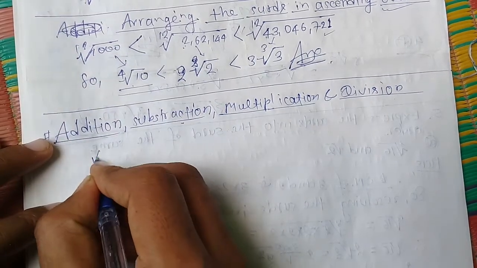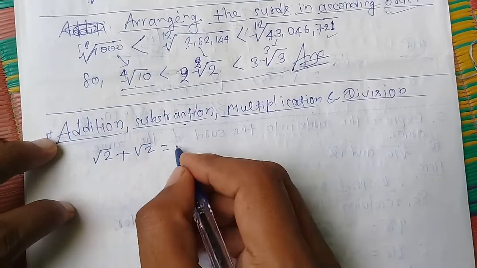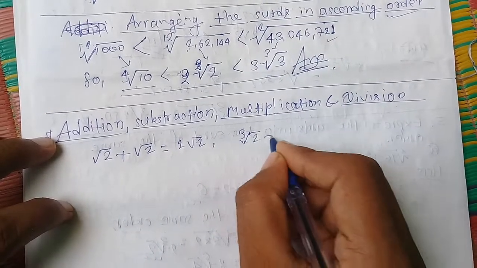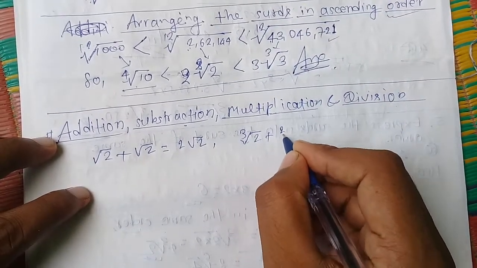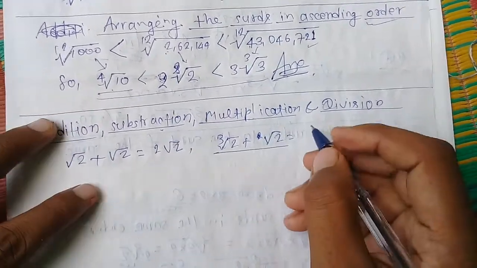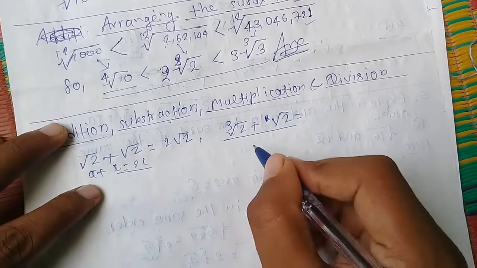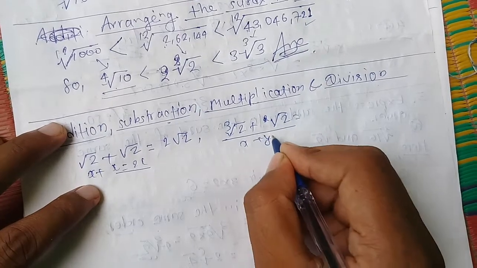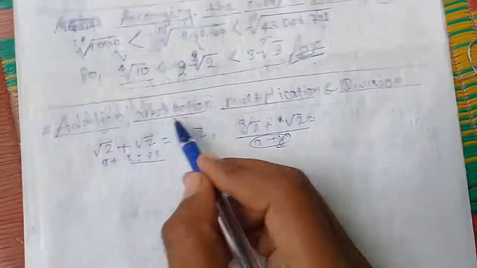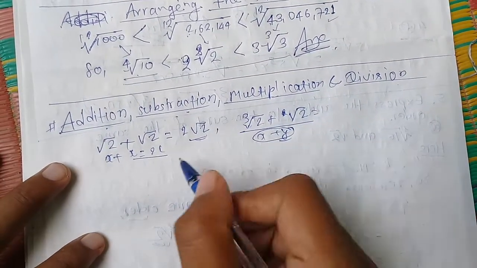It means root 2 plus root 2 will give you 2 root 2, but the third root of 2 and the square root of 2 can never be added. It is the same as x plus x equals 2x, while this is x plus y, which is different.